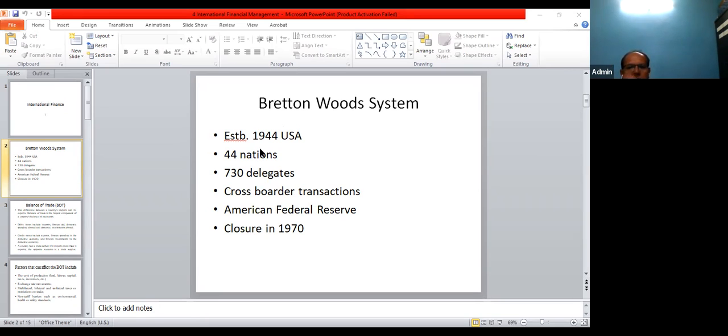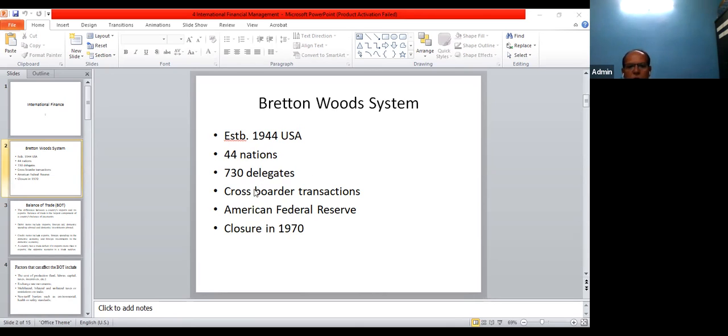Eighty years back the conference was held, but this conference was in favor of a few countries, and those few countries are nothing but America and Britain. So this conference was favoring particularly these two countries. I'm not saying that the rest were not favored, but the maximum support was given to America and Britain.